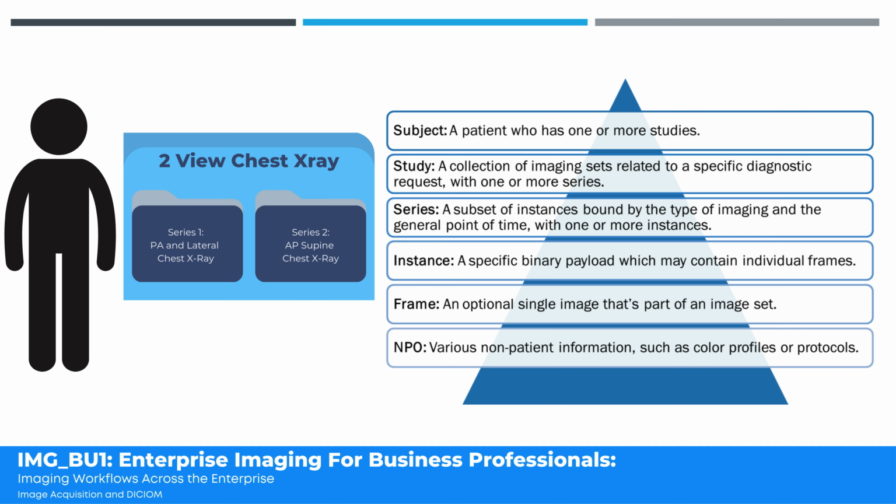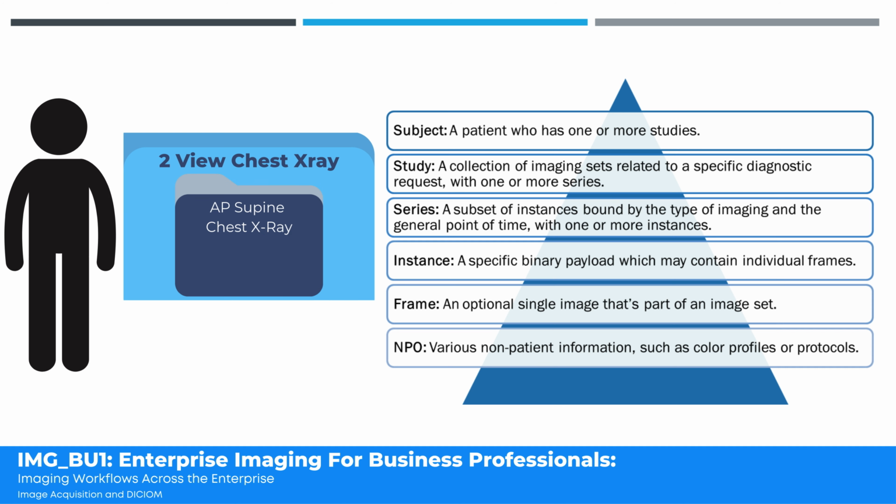Now, if we zoom into the series, we're going to see a subset of instances bound by a type of imaging and a general point of time. So a set of instances, or for the purpose of this part of the conversation, let's just think of those as images. So within the series, we have a number of images that are bound by the time period that they were taken in or the angle that they were taken in, and this compiles the series.